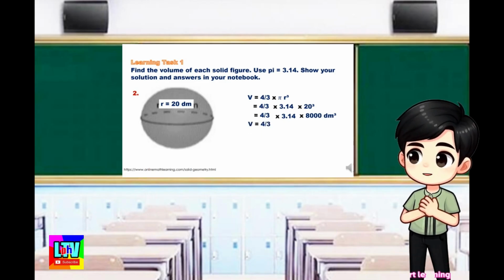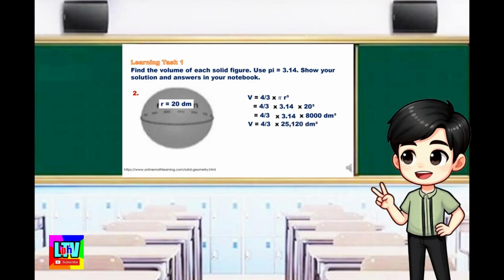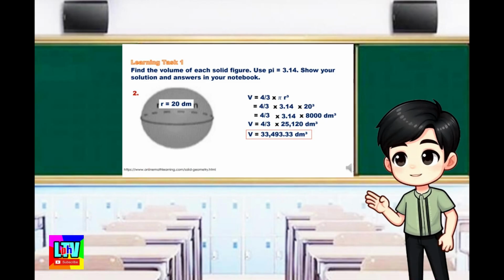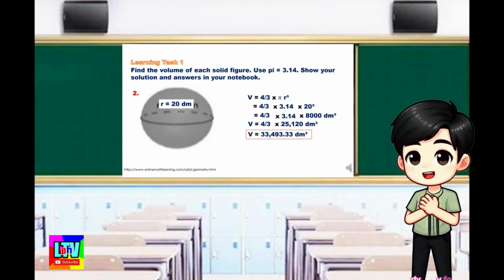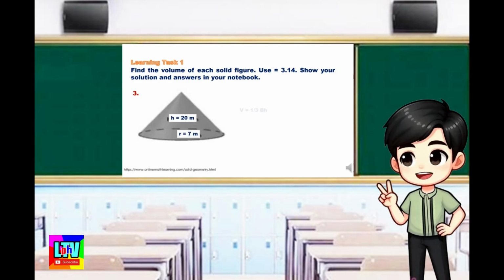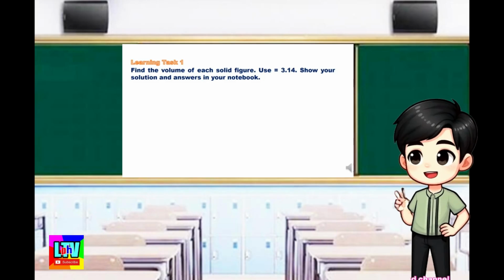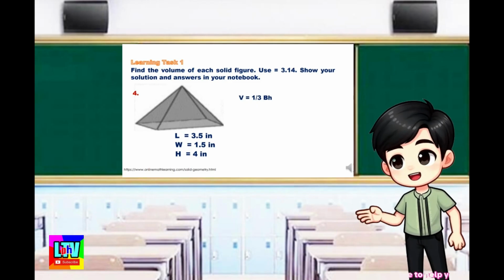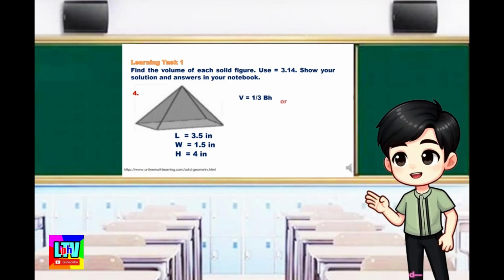Then 3.14 times 8,000 equals 25,120 cubic decimeters times 4 divided by 3 equals 33,493.33 cubic decimeters. Can you answer this number 3 using this formula? And this is number 4, and this is the formula for finding the volume of a pyramid.